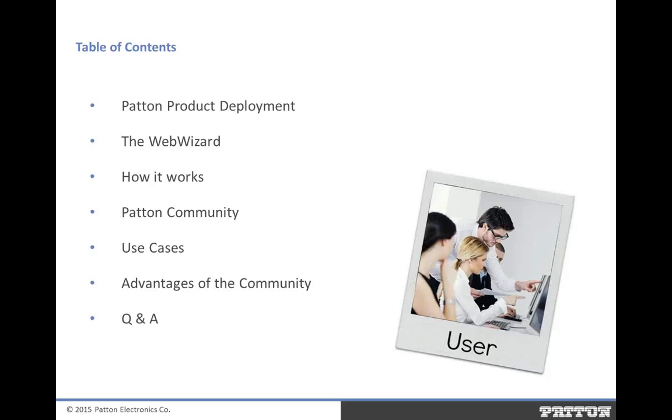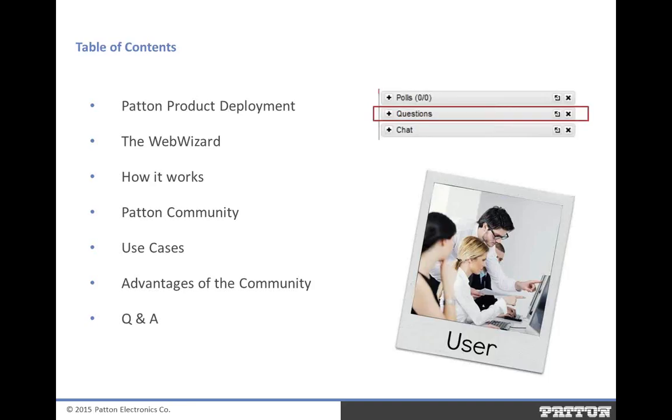Then we want to give you use cases to show you how to use the Web Wizard, in which cases it can be useful and save you time doing installs. And towards the end, we want to highlight again the advantages of the online platform, the so-called community platform we have. At the end, we want to do a Q&A session if there are still some questions around.